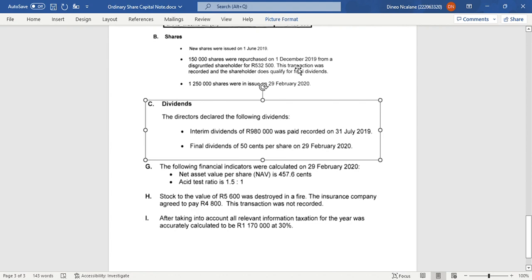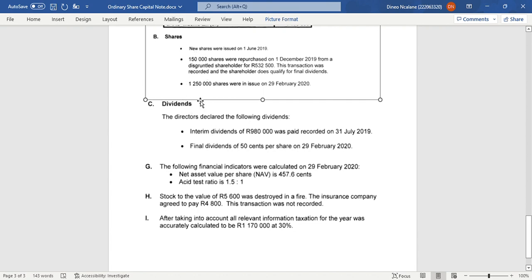It says here this transaction was recorded and the shareholders do qualify for the final dividend. Since these shares qualify, we have to take the repurchased shares, add them to the shares that were issued at the end of the current financial year, then multiply them with the cents that we are given here.